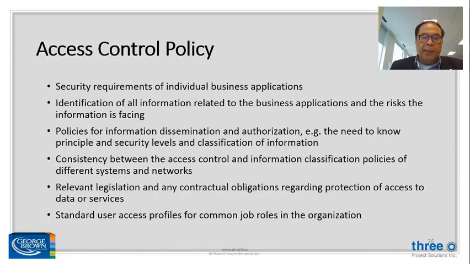That's what the access control policy is about. This is not an actual policy, but these are requirements, the things you have to consider when setting up an access control policy. Obviously, the access control policy will have to be based on the security requirements of the individual business application. Different applications may have different security requirements, for sure.